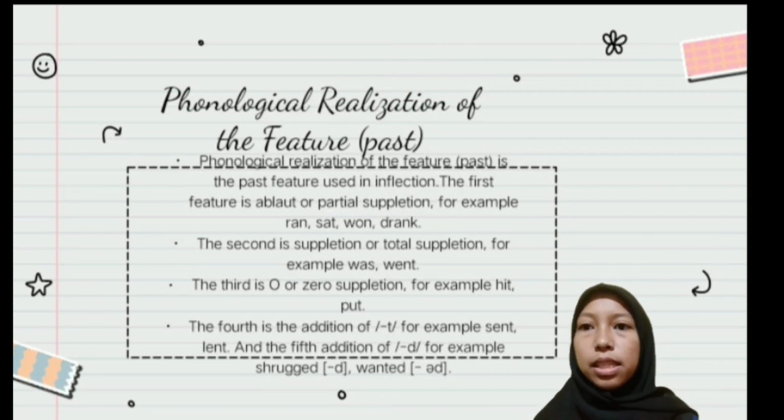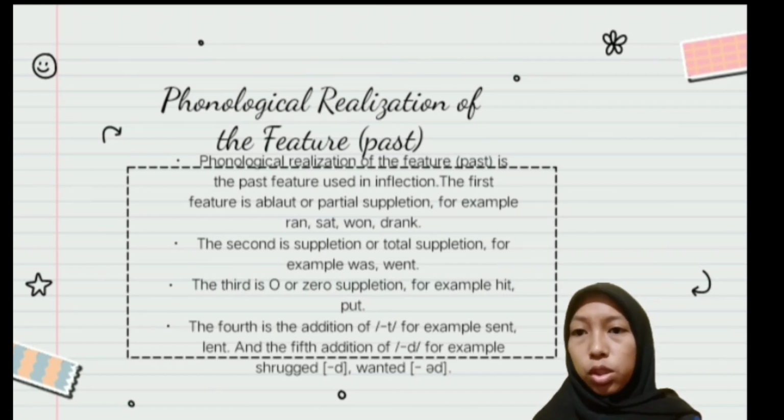Okay, the next is phonological realization of the feature past. Phonological realization of the feature past is the past feature used in inflection. The first feature is ablaut or partial suppletion. For example, run, sat, won, drank. The second is suppletion or total suppletion.